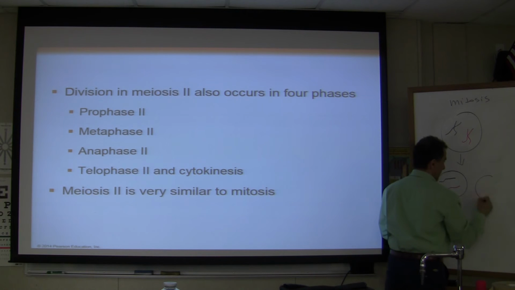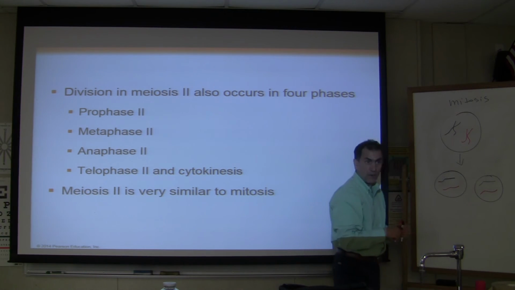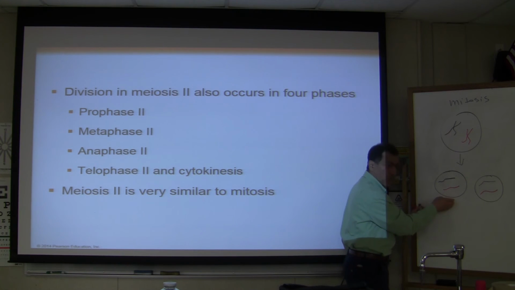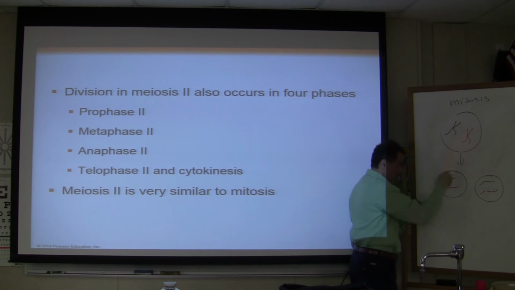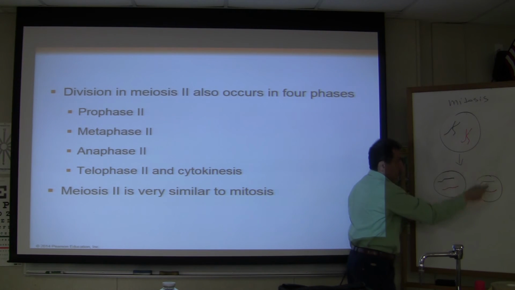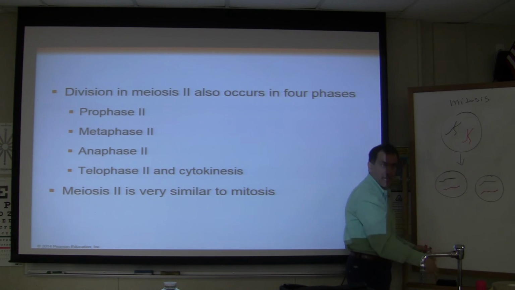This one will have one black and one red, right? And eventually, when this one wants to divide, this becomes 2, and this becomes 2, and they multiply again and again and again. This we already agree.